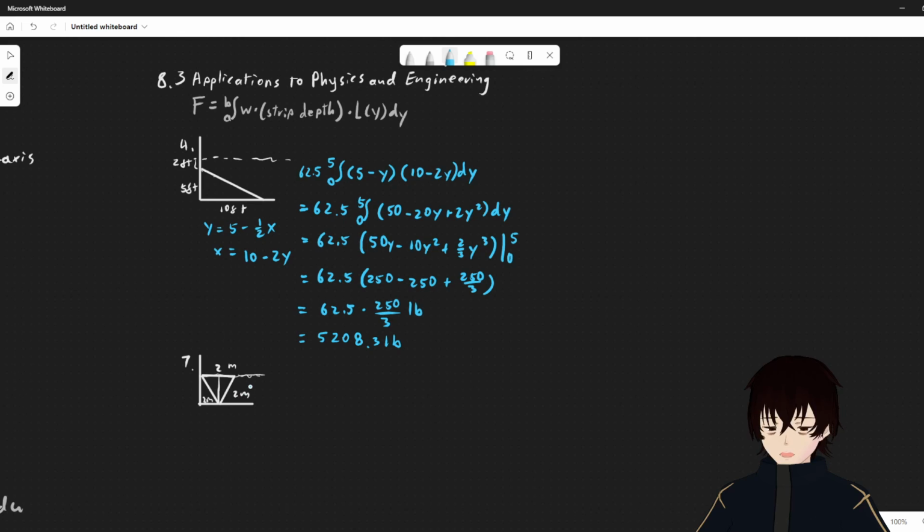So we need to go from 0 to root 3. And because we have meters, we're going to use 1,000 kilograms per cubic meter. And that's going to multiply by the integral from 0 to root 3 of 2 minus y. Now here comes the interesting part.